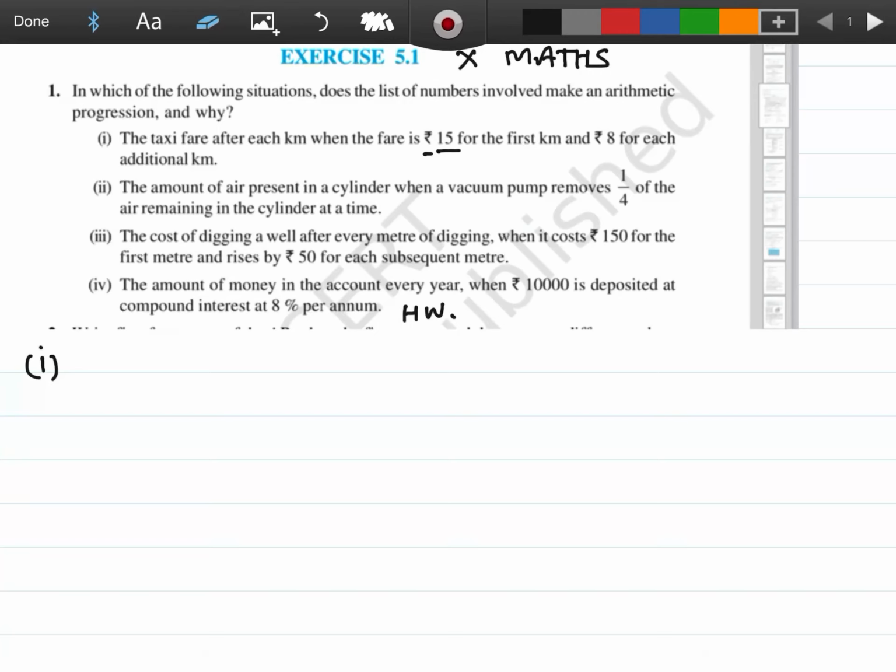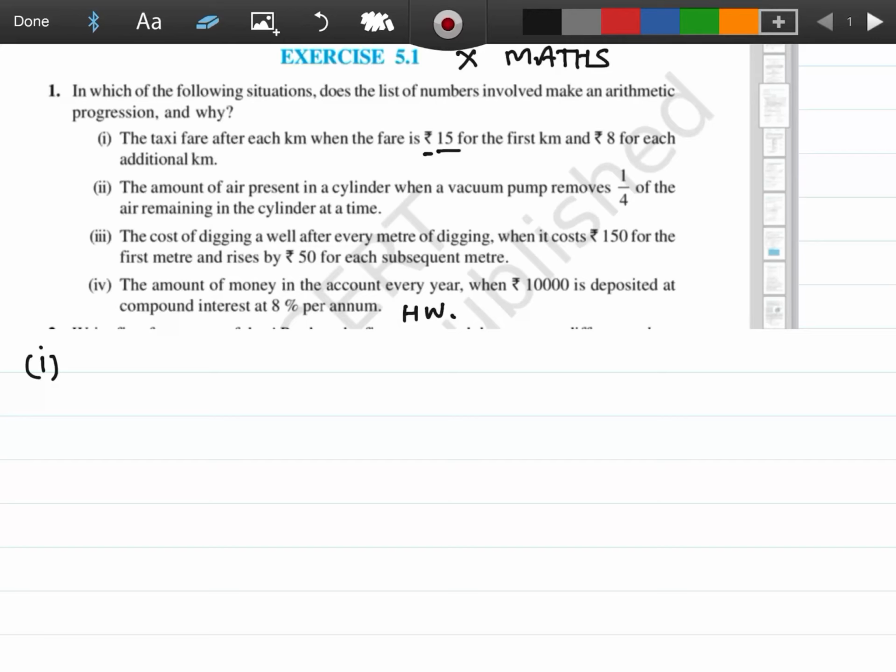That means for the first kilometer the taxi fare charged is rupees 15, and after that 8 rupees will be charged for each subsequent kilometer.